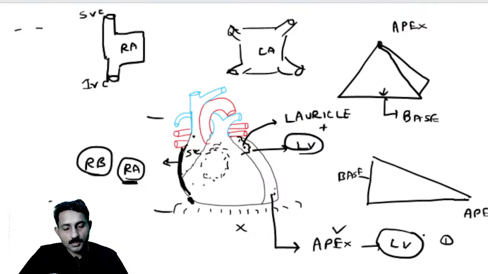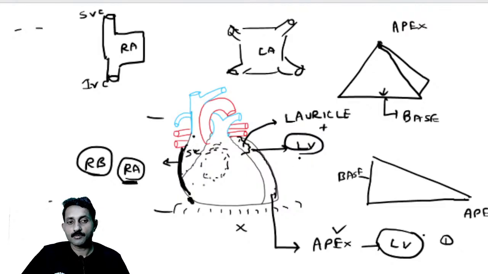That left auricle also forms the left border along with the margin of the left ventricle. So the left auricle and left ventricle form the left border of the heart. For the right atrium, some option can give the superior vena cava also. The initial part of the superior vena cava can be given as an option in the right border of the heart. So we finish the right border, we finish the left border, we finish the apex and base.